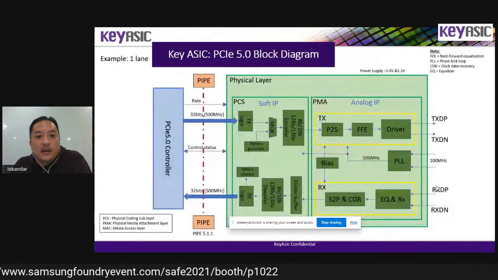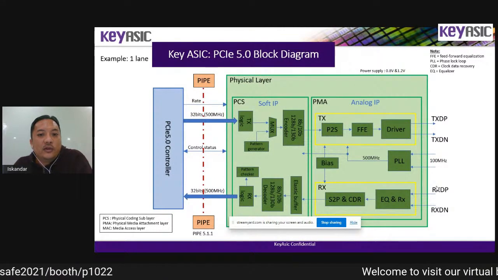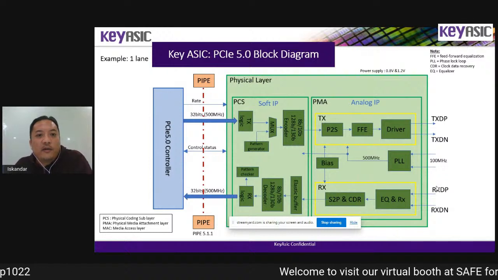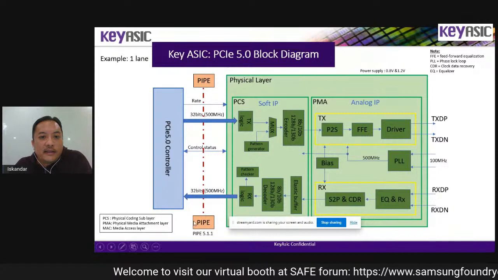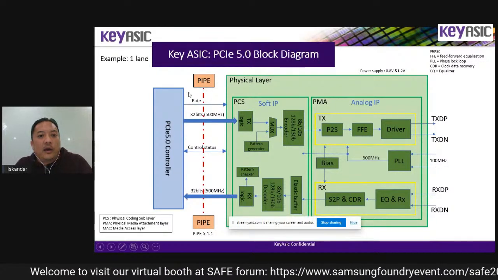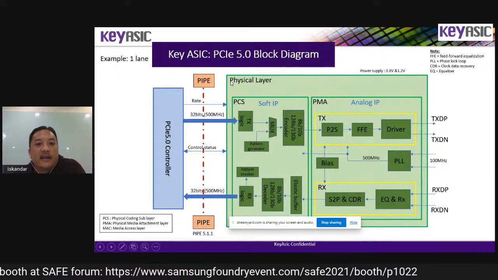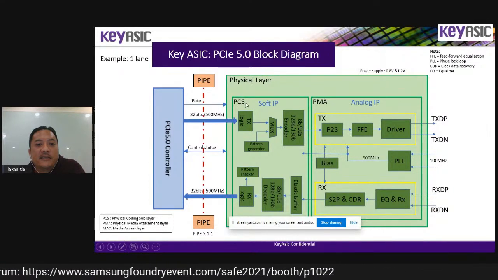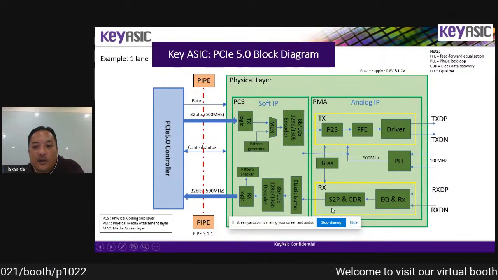The second agenda is to discuss the block diagram of our KeyASIC PCIe 5.0. As you can see here, the block that we are developing now is the physical layer. It consists of PCS and also PMA. PCS means a digital block, and PMA is more of an analog block.